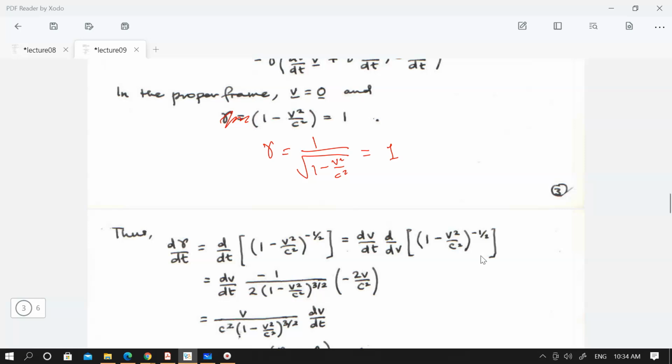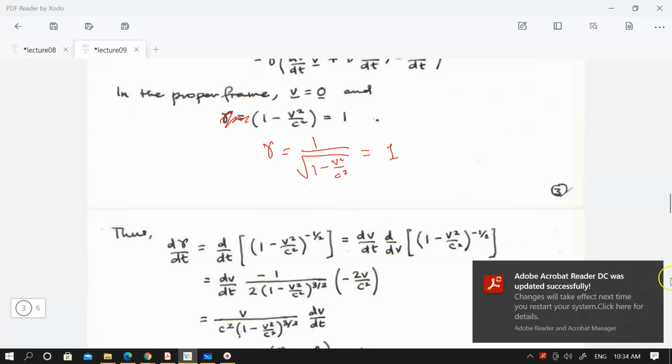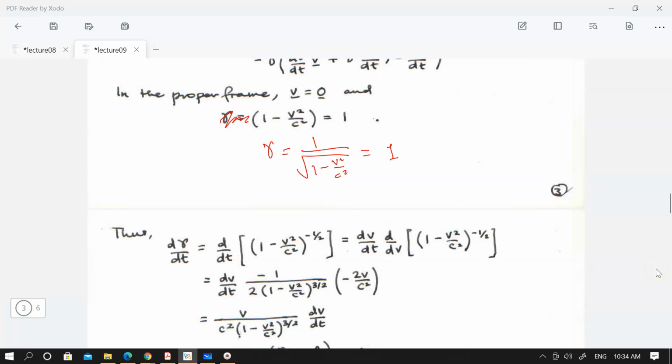So now d gamma dt is the derivative of this factor here. I will have to differentiate that. Sorry about that. The only term that can change with time, remember that this v is the velocity of the particle, and in this particular case, the velocity of the particle in the proper frame. So that can change with respect to time.